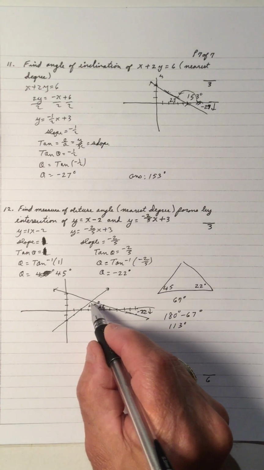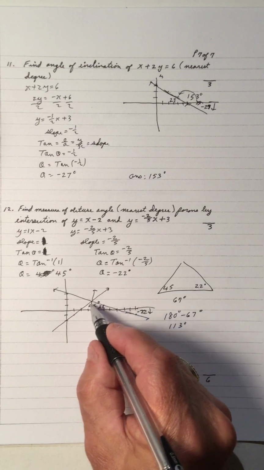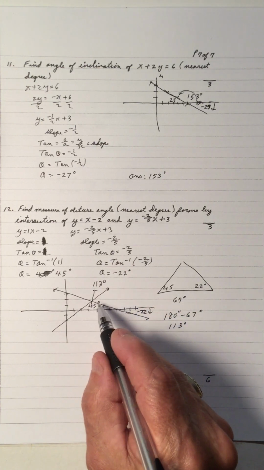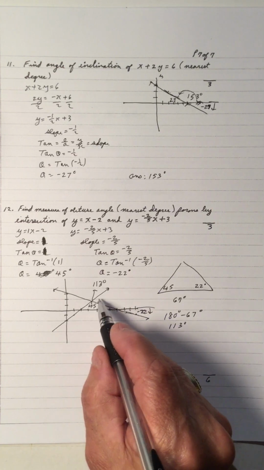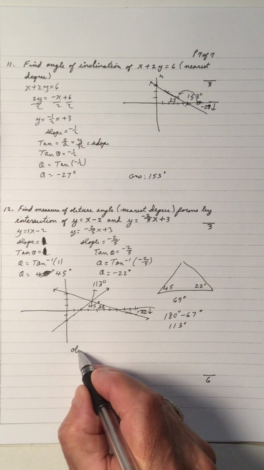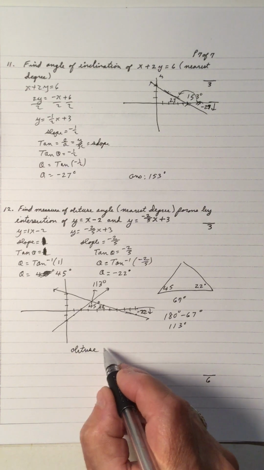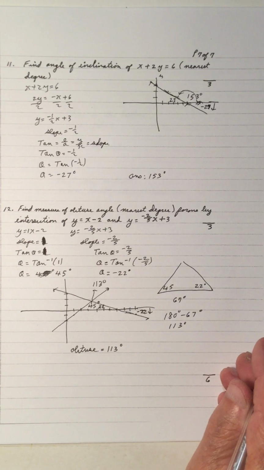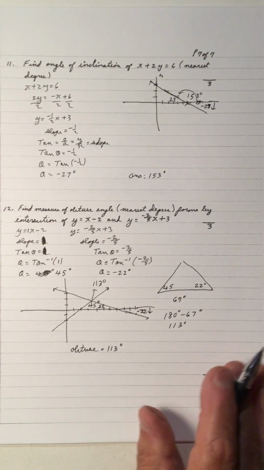This angle right here is 113 degrees, which is the obtuse angle, and this other angle is 67. So the obtuse angle is 113 degrees, formed by the intersection of the two lines.